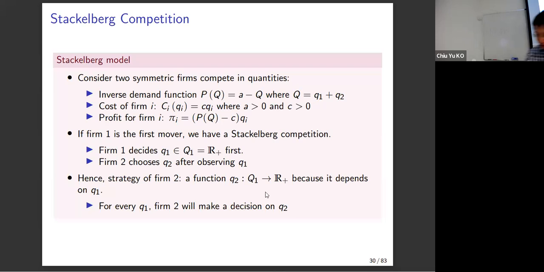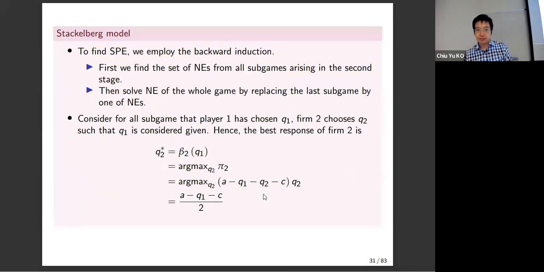So let's see the game. Backward induction: Q1 is a fixed number, whatever number, but we solve all the subgames at the same time, so we just keep Q1 general. This is what Q2 is choosing, right?